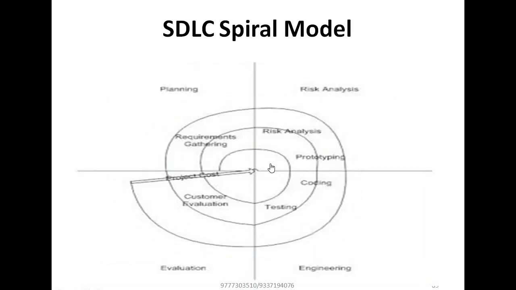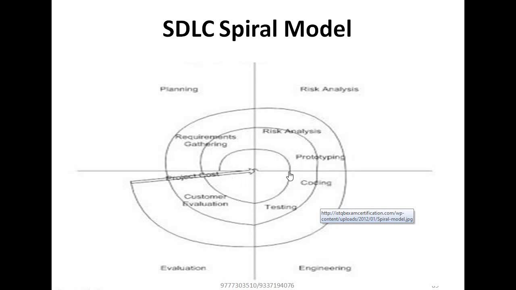This diagram and this diagram are both the same, but here I am writing it out. Planning means requirement gathering. Risk analysis means risk analysis and prototyping. Engineering means coding and testing. Evaluation means customer evaluation. This is the center of your loop.